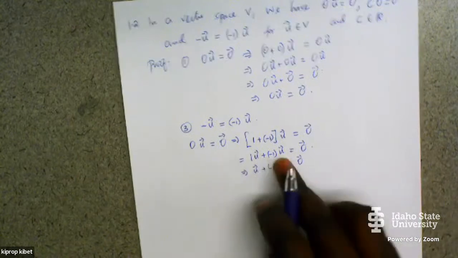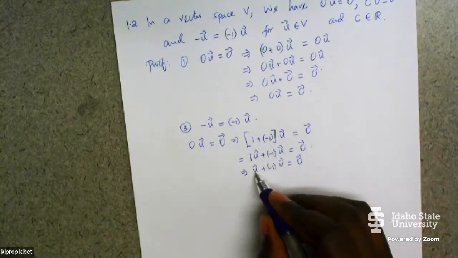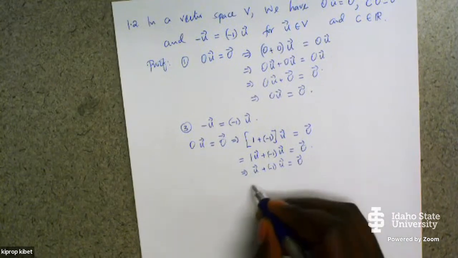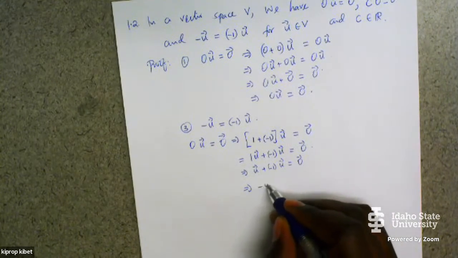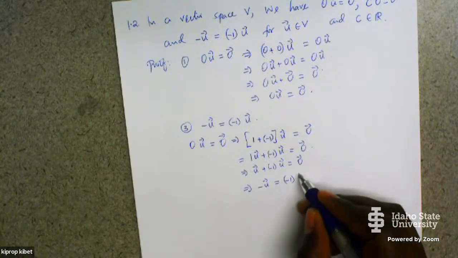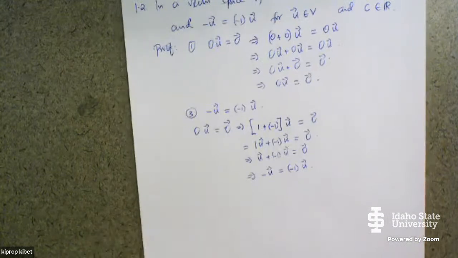So you can just take this to the other side, then minus u equals what? Minus 1 u. And that is how to prove it.